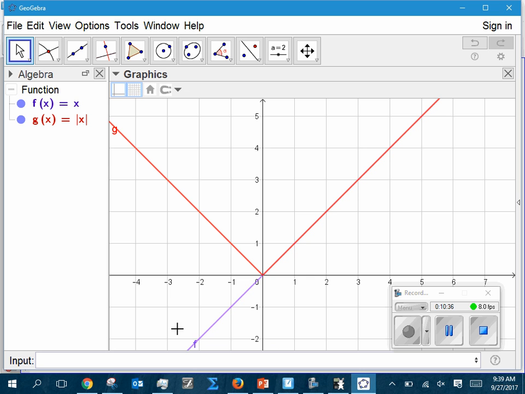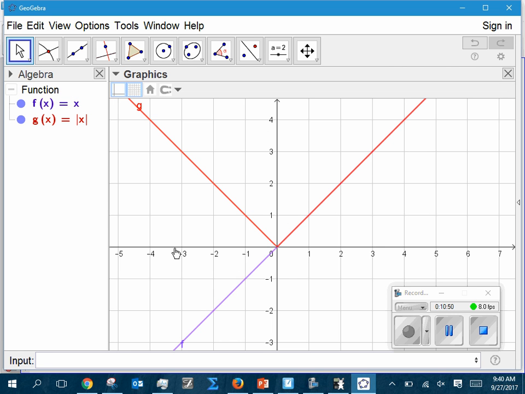So we see the relationship between the purple one, which was just the line y equals x, and now the red one, which is the line y equals absolute value of x, right? Simply take the part of the purple line that is below the x-axis, and if you reflect it above the x-axis, don't you get the absolute value?